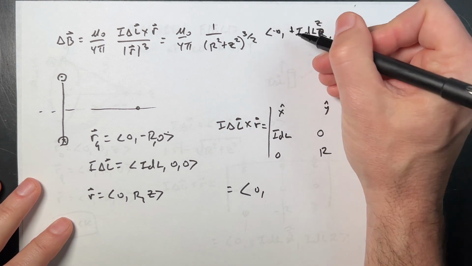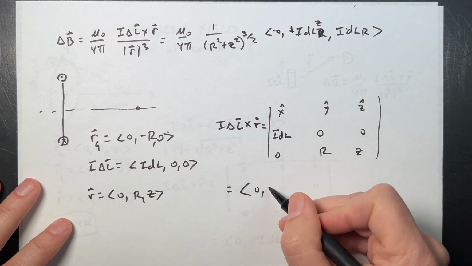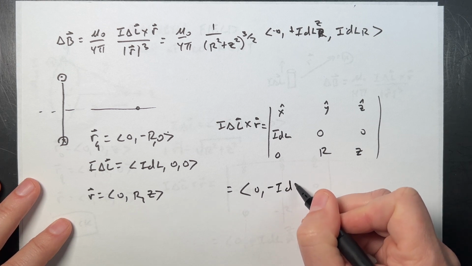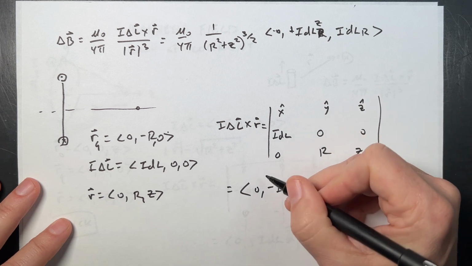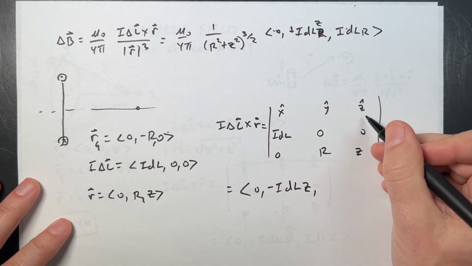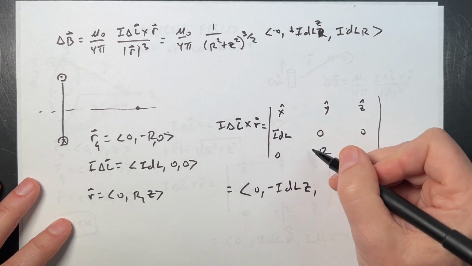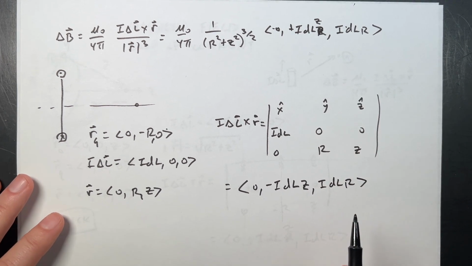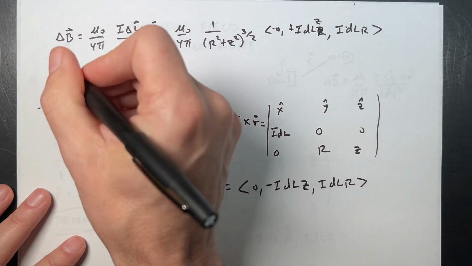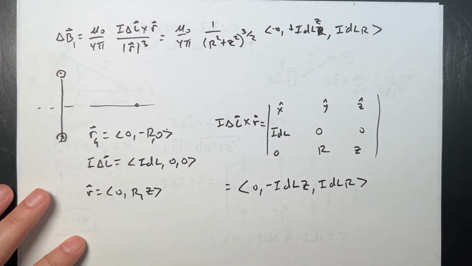So this is plus. But this is going to be minus I dl z, right? Because I'm going to get this minus that. So I get a minus. And then for the z component, I get positive I dl r. And I can write this is dB1.